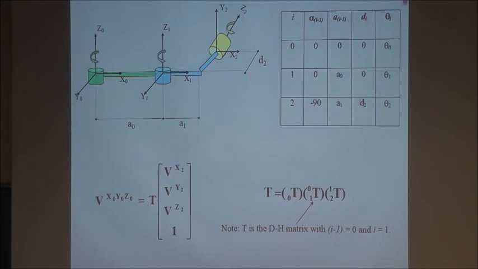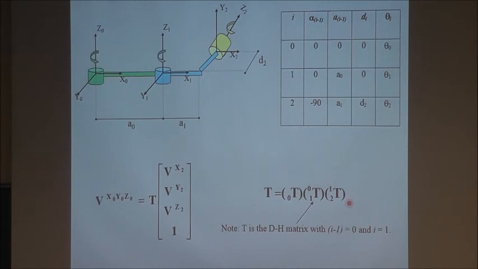So again, this is the repeat of that. So going from this point to that point, you go through initial transformation of the initial condition between 0 and 1, between 1 and 2. So you have 3 homogeneous transformation matrices you multiply, or 3 DH matrices.